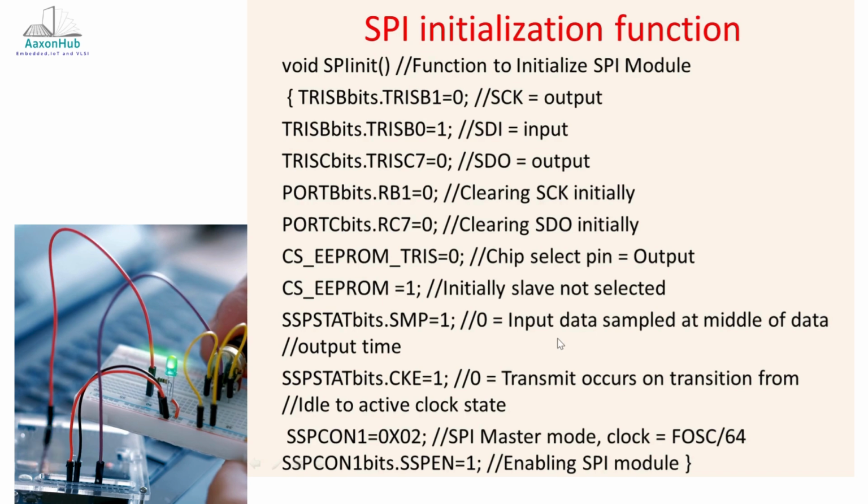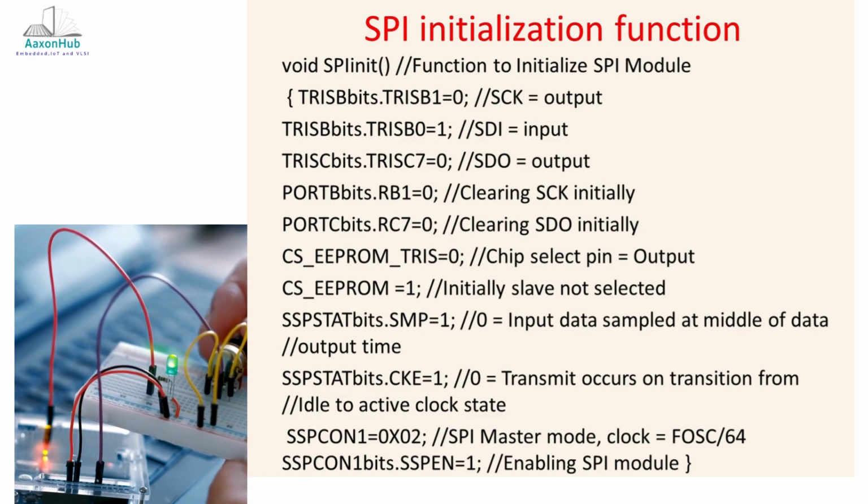After that, if you want to sample the data in the middle of the data or at the end of the data, for that purpose you will use the SMP bit in the SSPSTAT register. You will be able to see the SMP bit details in the SSPSTAT register.